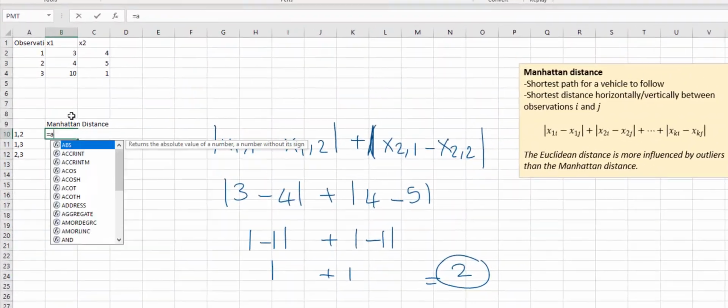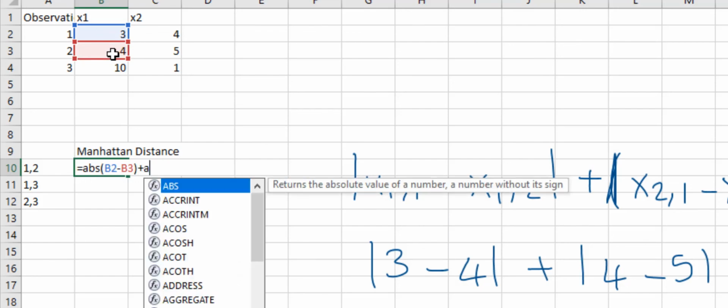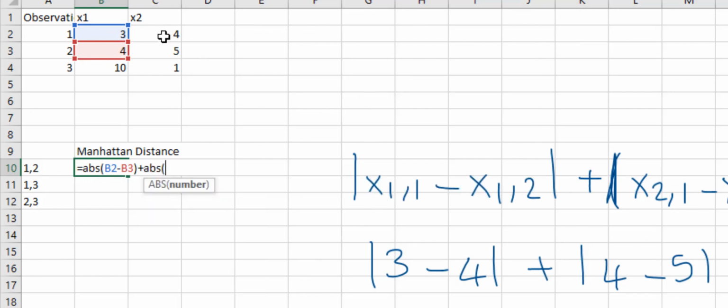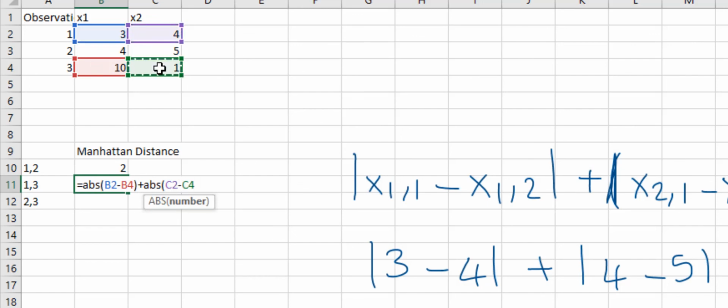In Excel, equal sign, absolute function, x11 minus x12, plus absolute value, x21 minus x22. And now let's do that for 1 and 3. Absolute function, x11 minus x13, plus absolute function, x21 minus x23.